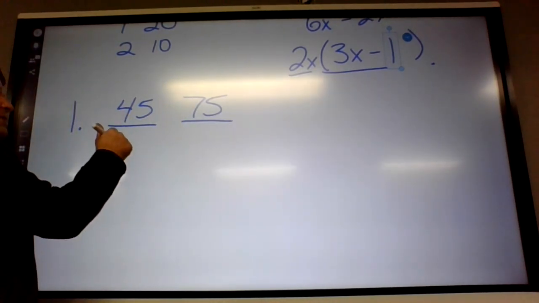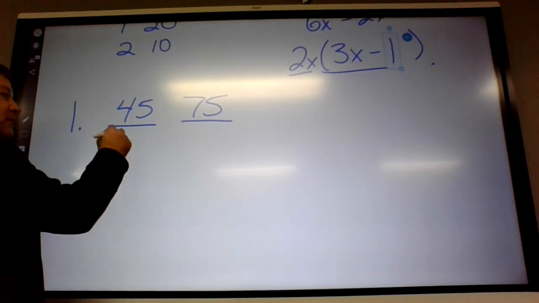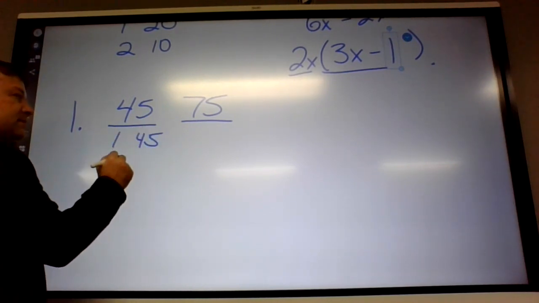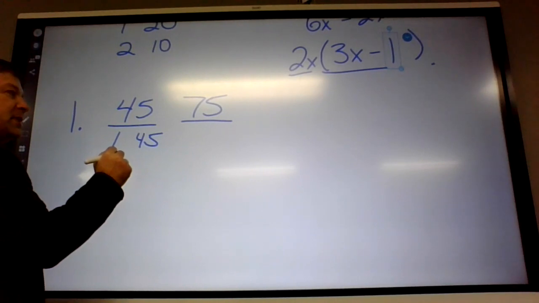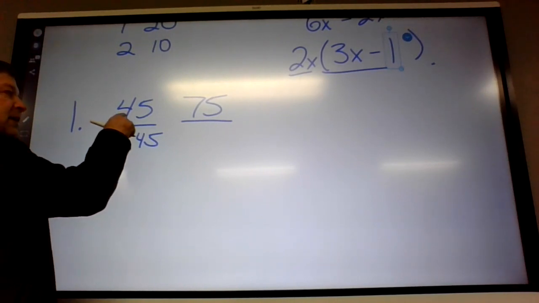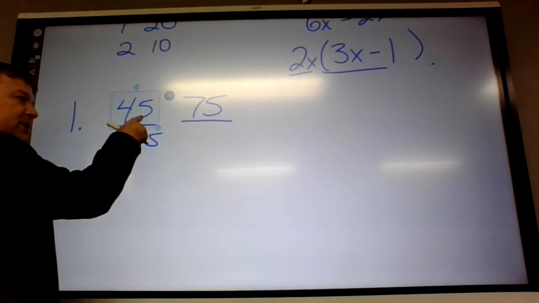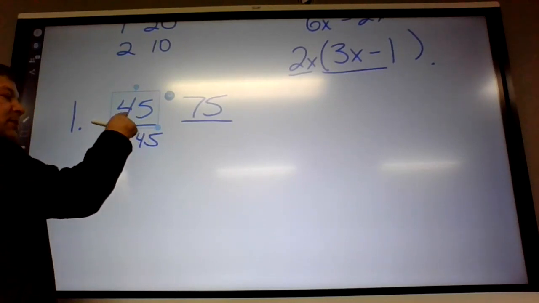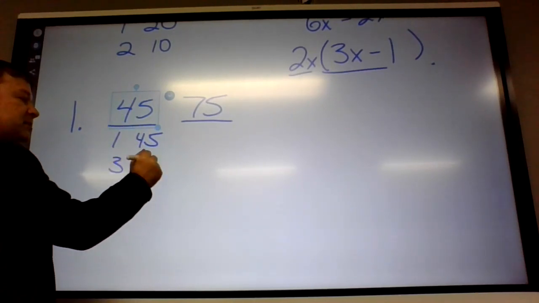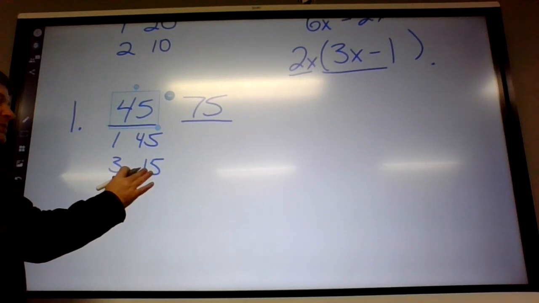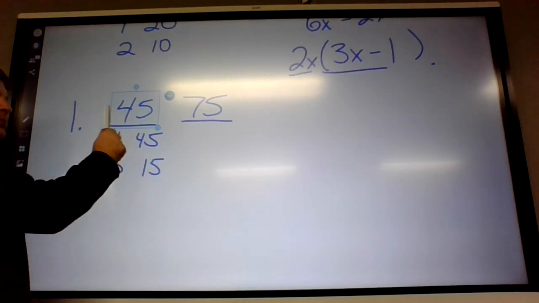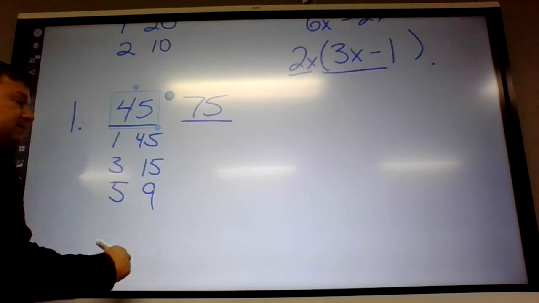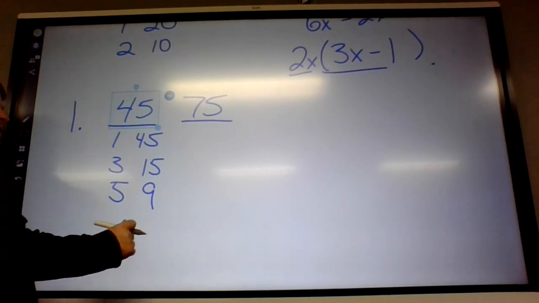So let's just make a list. What can go into 45? 1 and 45. You guys remember the threes trick? If 4 plus 5 is 9, does 3 go into 9? Yes, so 3 will go into 45. 3 and 15. What else from our times tables? 5 and 9. Anything else? No, I think that's it.